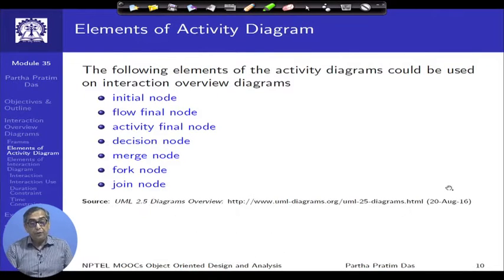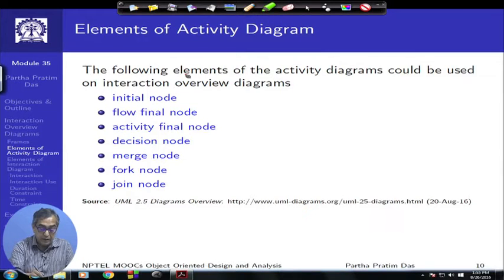Then for representing this interaction, we borrow from the activity diagram. We borrow different elements, and these are the typical elements that we borrow. You can see a whole lot of control nodes: the initial, flow final, activity final, decision node, merge node, fork and join nodes, which are taken from the activity diagram, and you can use them.